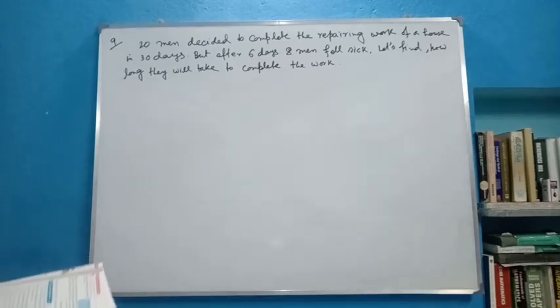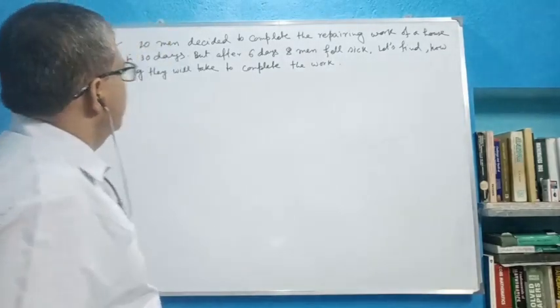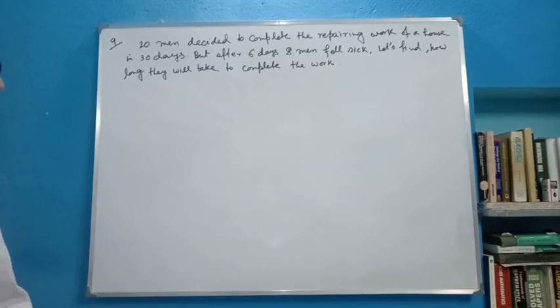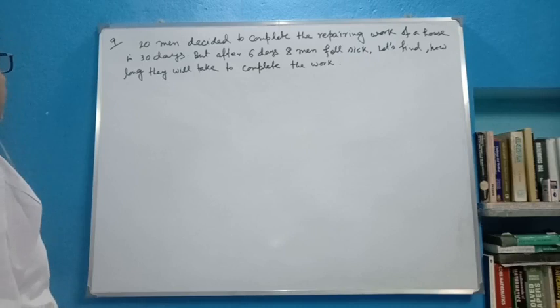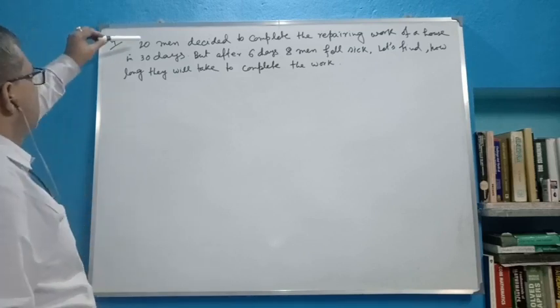I repeat once again the question. 20 men decided to complete a repairing work of a house in 30 days. But after 6 days, 8 men fell sick. So at first, 20 men worked to complete the work, and for 6 days they did the work.